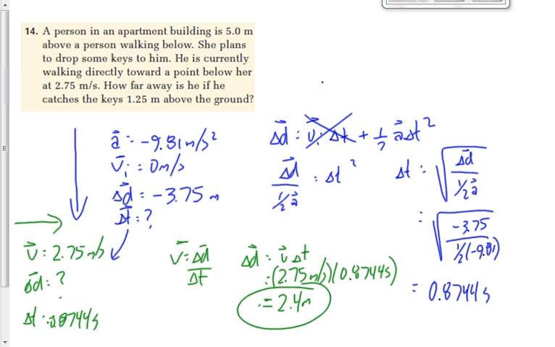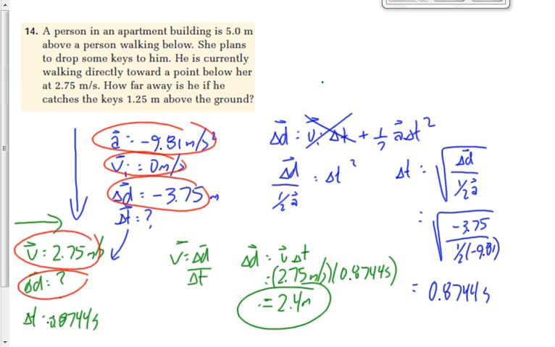Quick little question though. The displacement for the vertical, for the downward motion of the keys, did not translate to the displacement of the horizontal, the guy walking. The velocity for the vertical did not translate to the velocity for the horizontal. The acceleration for the vertical did not translate to an acceleration for the horizontal, but the time did.